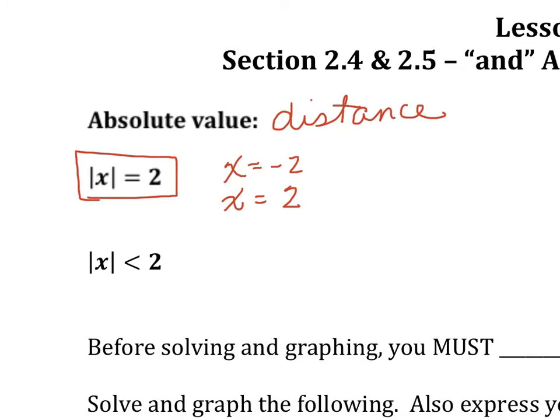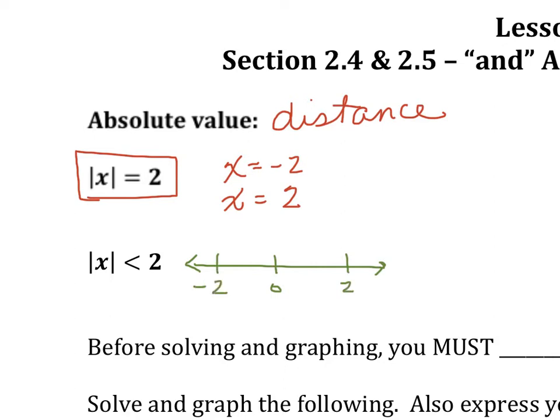Now the difference in what we're going to talk about today are distances that are a range of numbers. So what this is telling me is that the distance from 0 is less than 2. So let's look at a number line. I'm going to put my 0 on here, and 2, and -2.